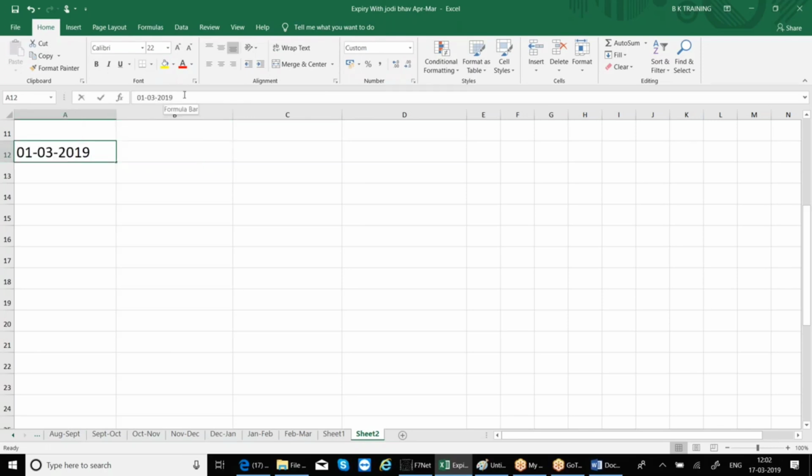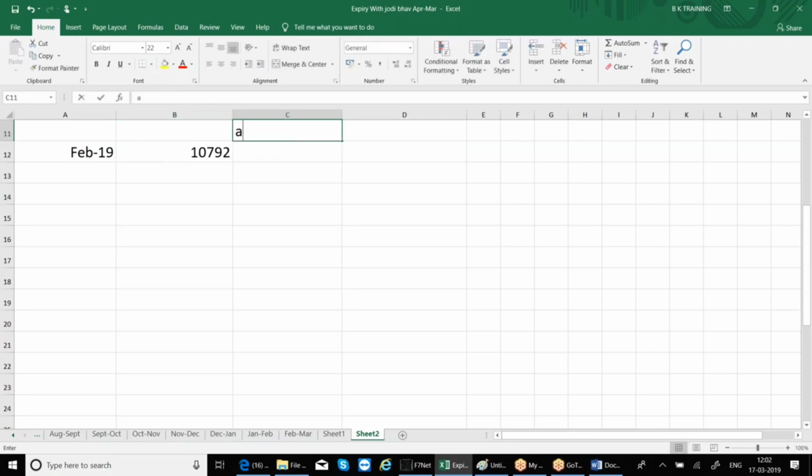Feb expiry. Can anybody tell me what was the Feb expiry? 10792.